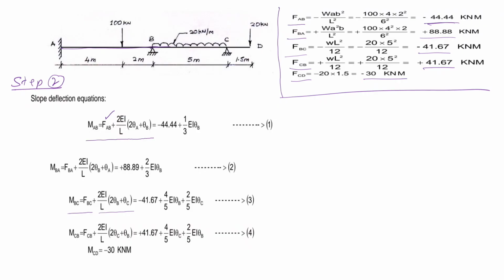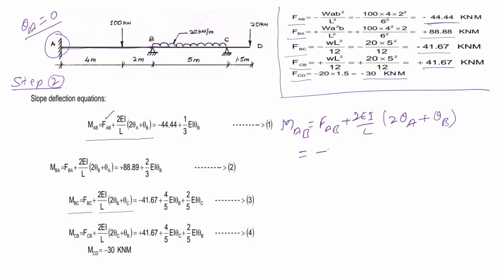I will write it here. MAB is equal to FAB plus 2EI divided by L into 2 theta A plus theta B. Theta A is 0 for fixed end. That is equal to FAB, minus 44.44, plus 2EI divided by L, span AB is 4 plus 2, which is 6 meter.